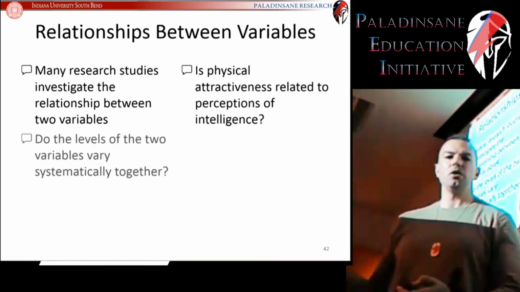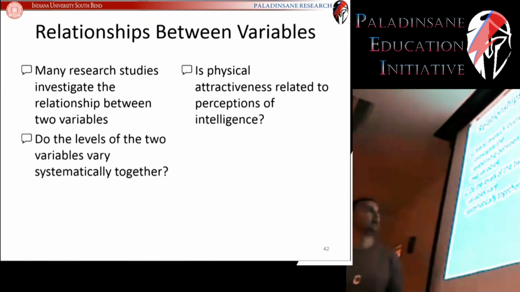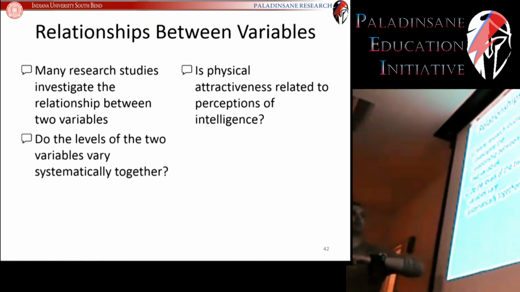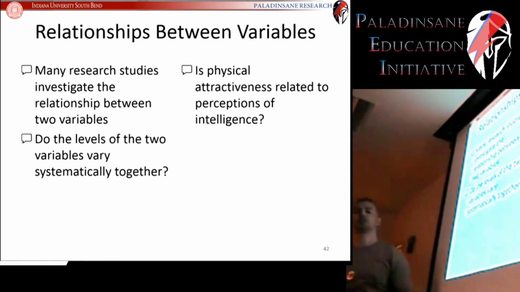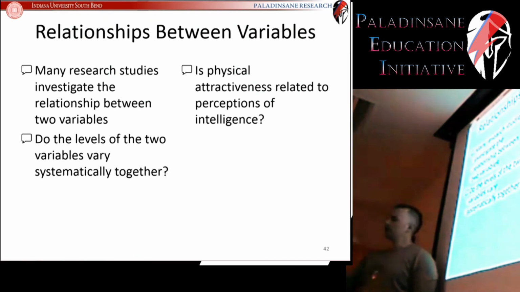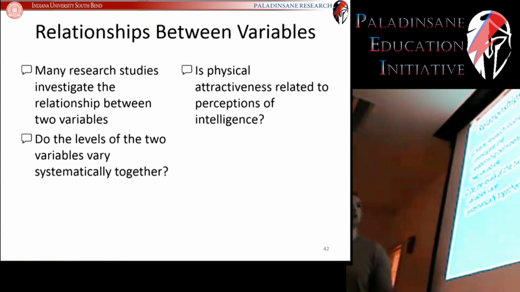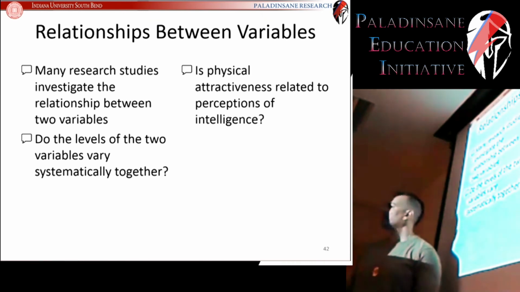So when you ask a question like that, you're asking, do the levels of these two variables vary systematically together? Physical attractiveness is a variable, right? There's more or less in different individuals. Perceptions of intelligence is a variable.